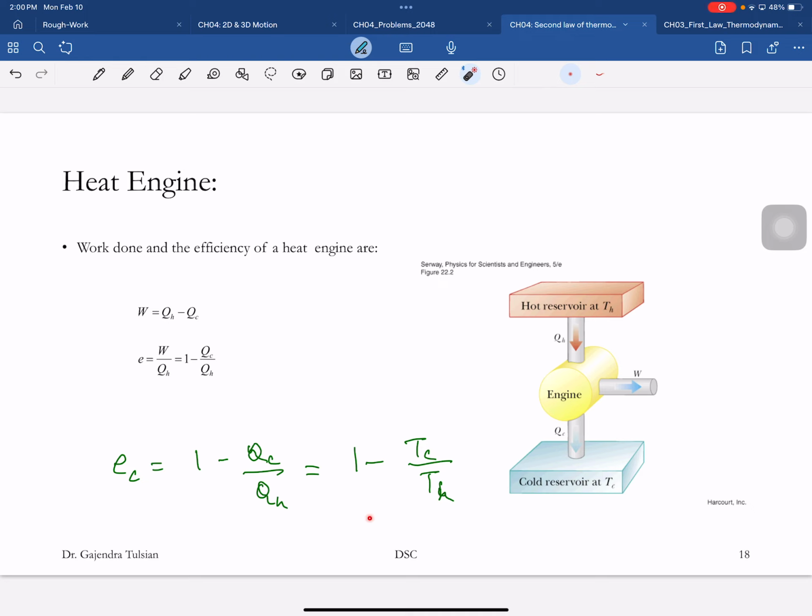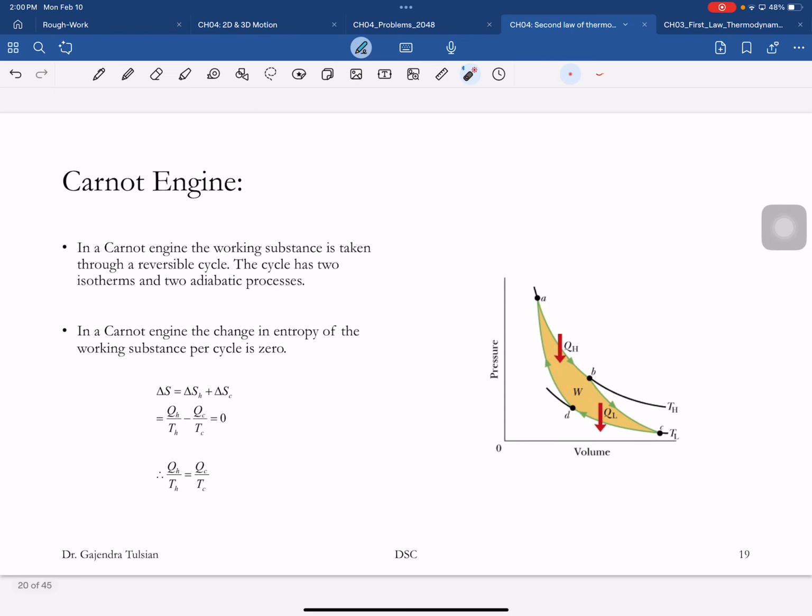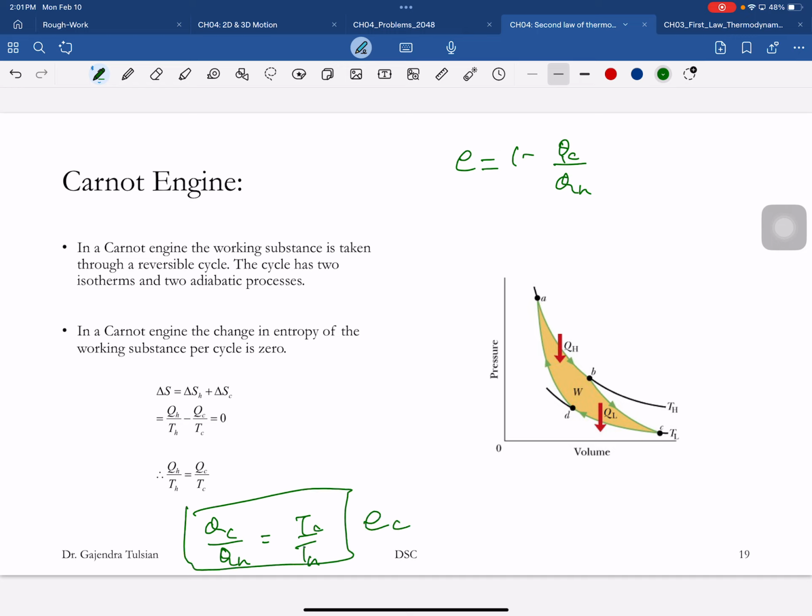All right, so the amazing part is for an ideal heat engine, the efficiency depends on only the operating temperature. In a Carnot engine, QH by TH, this is what Mr. Carnot showed. So the efficiency is equal to 1 minus QC by QH, and QC by QH from this equation is TC by TH for a Carnot engine.